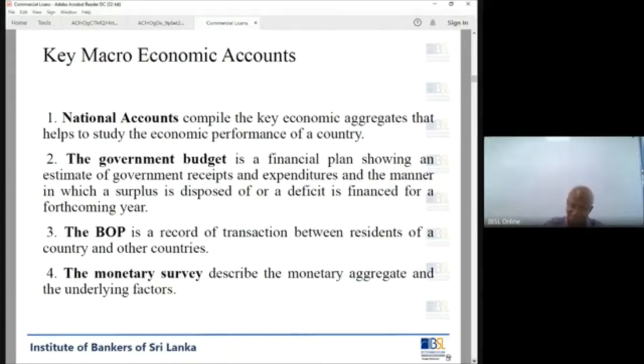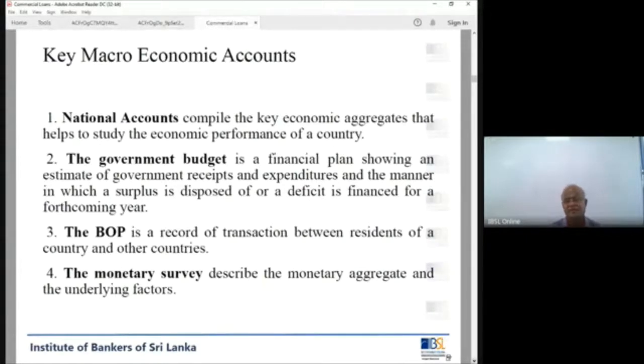These transactions are entered in an account. When you say account, there's a balance. At the end of the year, you have a balance, credit or debit. Sometimes it's a credit balance, sometimes a debit balance. If there is a debit balance, we call it a balance of payment deficit.